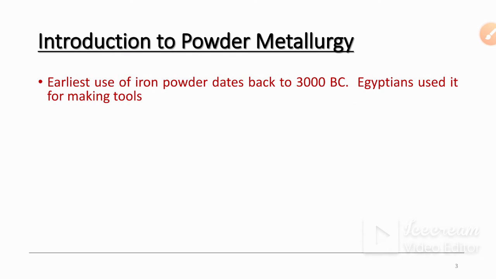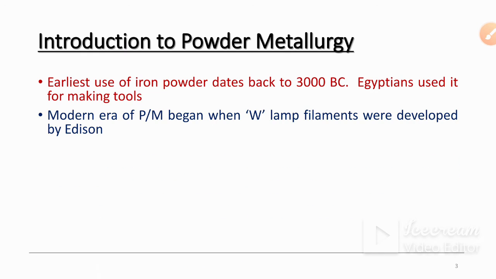So the earliest use of iron powder dates back to 3000 BC. Egyptians used it for making tools. Modern era powder metallurgy began with tungsten lamp filaments. Tungsten lamp filaments were developed by Edison by using the same powder metallurgy process. You already know tungsten's melting point is near about 3590 degrees centigrade.